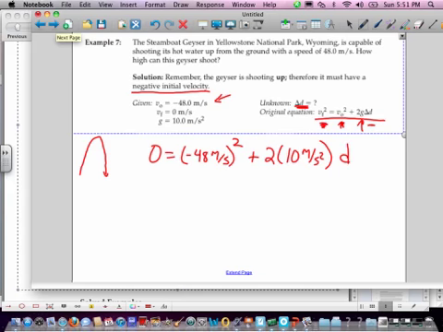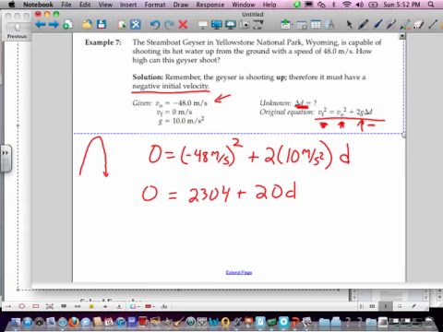So if we calculate out what we've got here, hang on a sec, get my calculator again. 48 squared is 2,304, plus 20d equals 0.